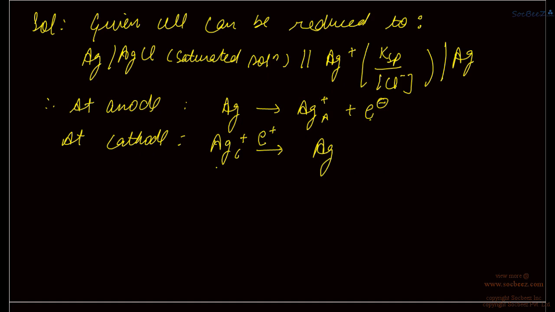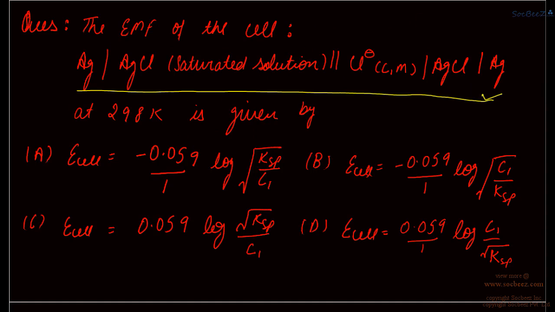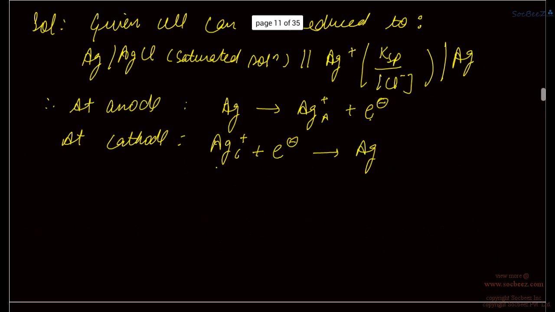Therefore, here electron is accepted. We can write this reaction in a simpler form as Ag positive reduced to Ag. Now since this is a concentration cell, you can easily see this is a concentration cell.